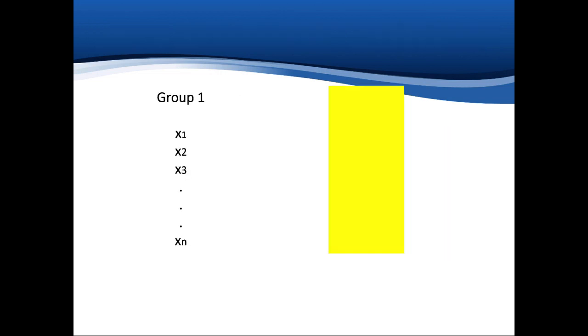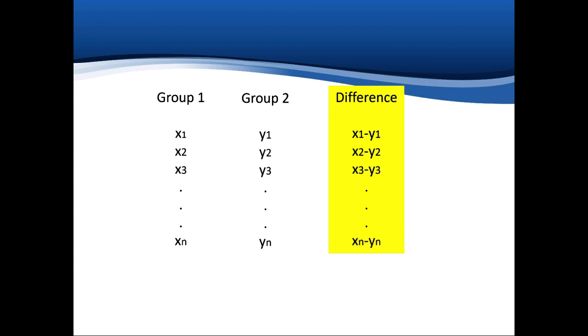For group 1, here is the data. For group 2, here is the data. Now we add one more column, the difference. That is, each row calculates the difference. Like in row 1, it is x1 minus y1. For row 2, x2 minus y2, and so on.